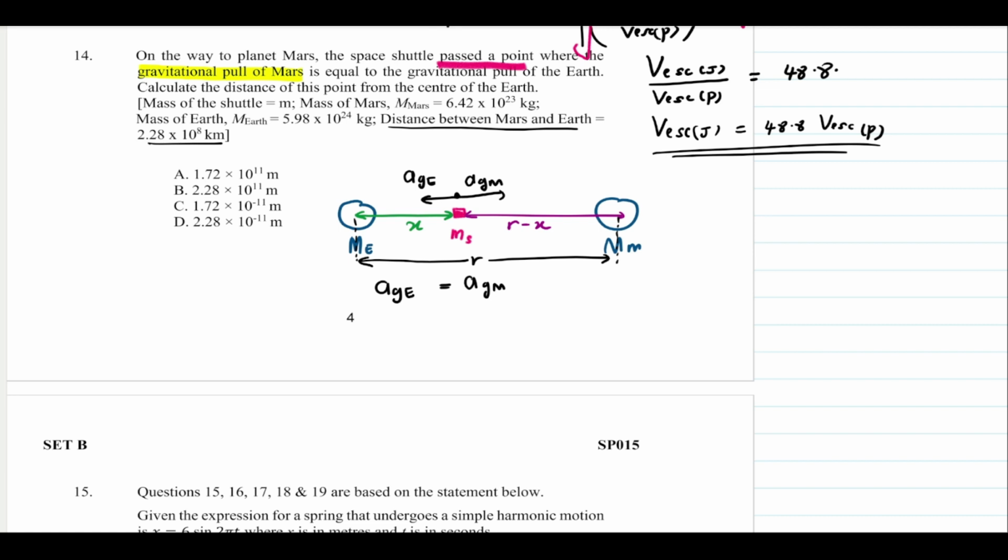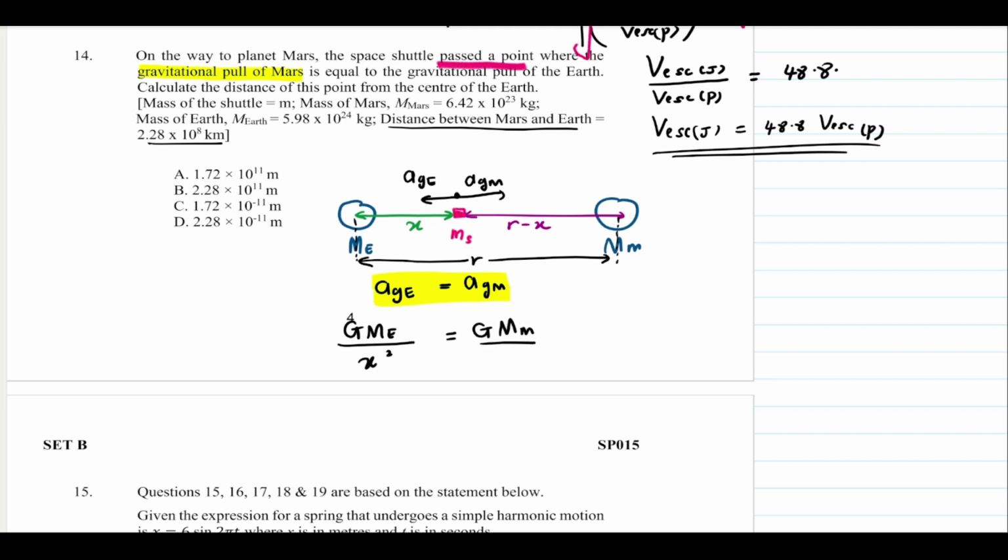Okay. So ini kena tulis dulu. So based on the equation A equal to GM over R squared. Okay. So kita tahu, saya tulislah. Okay, gravitational pull due to the Earth. So here must be mass of the Earth. And R should be distance antara space shuttle tadi dengan Earth, iaitu X. Ini iaitu X. So saya akan letak X squared equal to G mass of the Mars.